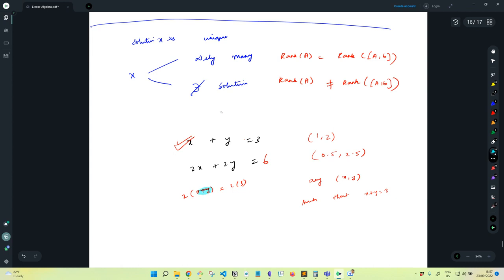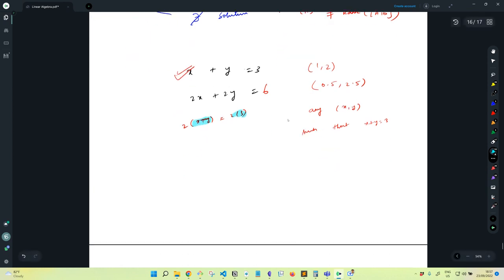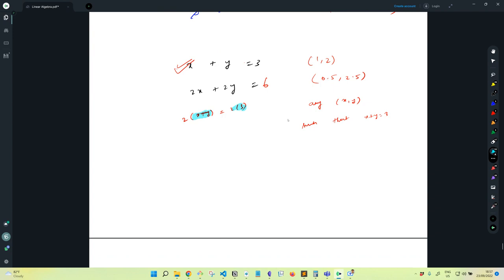If x plus y equals 3, then 2 into x plus y will be equal to 2 into 3. So using intuition, you're able to tell that this system has infinitely many solutions.